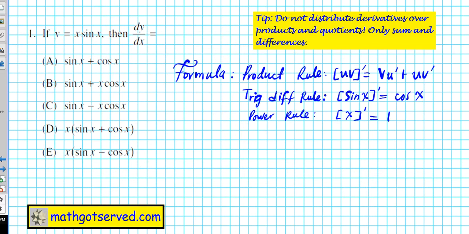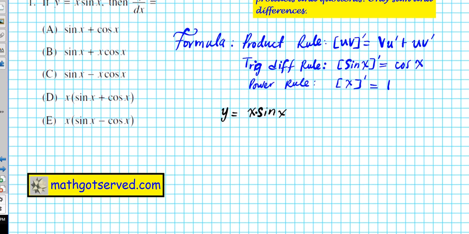Now let's go ahead and solve the problem. We have y equals x sine x. So we have a product of two functions, the linear function x and the trigonometric function sine x. So what we're going to do is label them u and v. The first function x is u, and the second function sine x is v.